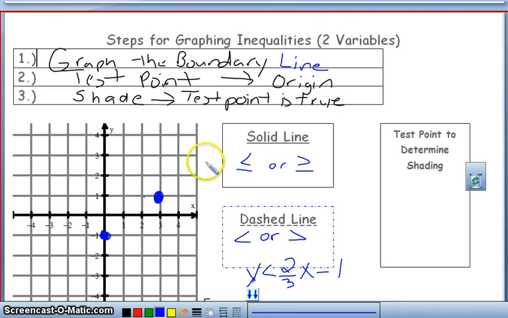Can't go up 2 and over 3, it's off my graph. So I'm going to go back and go down 2 and to the left 3. And then I'm going to draw a dashed line because my inequality symbol does not have a bar underneath it.